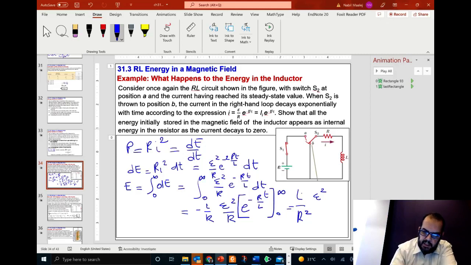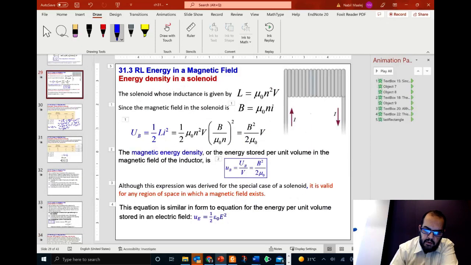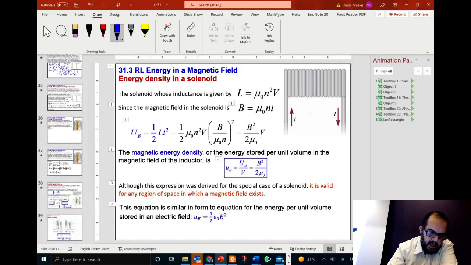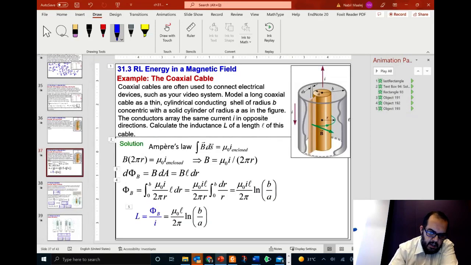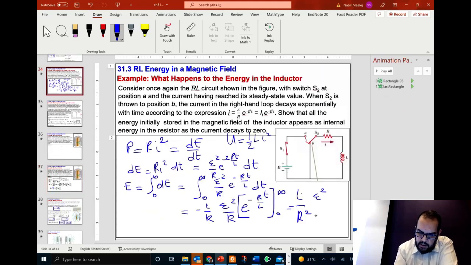What did we say about the energy? U is 1/2 L I squared. So normally the energy is 1/2 L I squared.